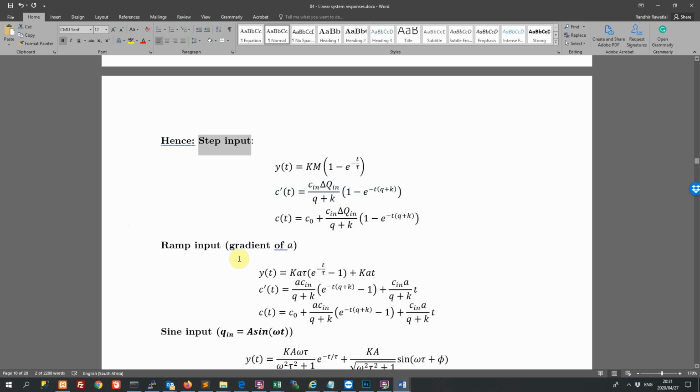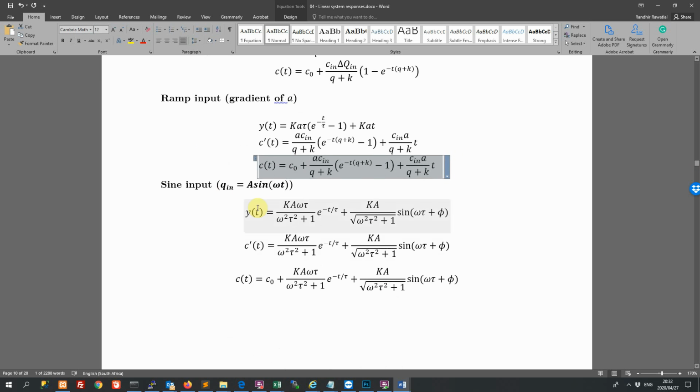Then instead, if we apply a ramp input, then we know that we are going to get this kind of response. And so if we put that in the context of our question, substituting for the ramp gradient, that is, and for the k and for the time constant, then for our problem now, this is the response we get, and this is still in terms of a deviation variable, which we then offset by the steady state value, and then that's the response that we get.